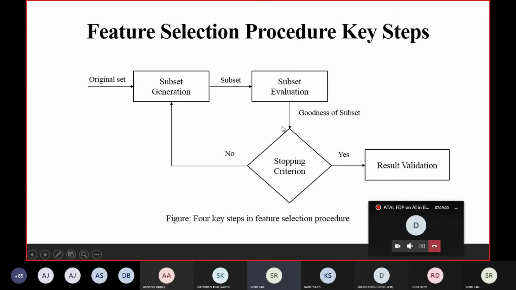If the feature subset doesn't satisfy the stopping criteria, then we again generate other subsets and evaluate again. This continues until the stopping criteria are satisfied. After that, we go for result validation: are the actual selected subsets of features okay or not?